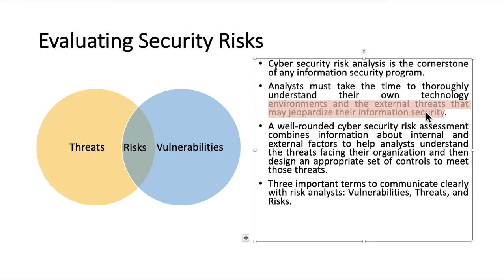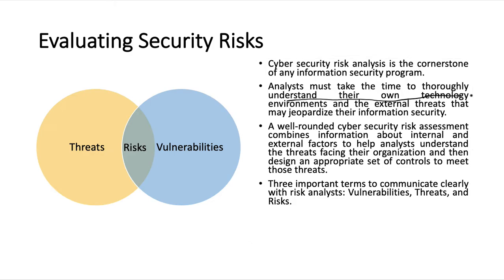So that is a different type of risk, but they also have risk. Every company has a different set of risks, and to understand and evaluate them, security analysts should have complete visibility of their organization. That is a very important aspect.